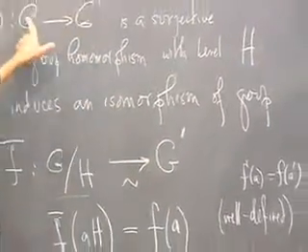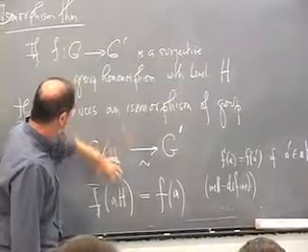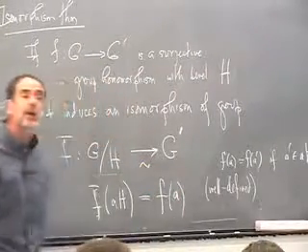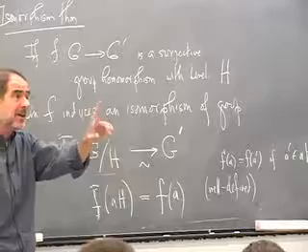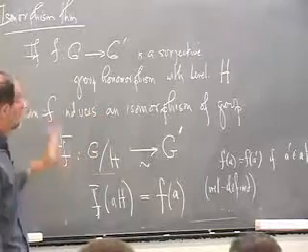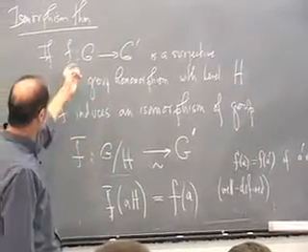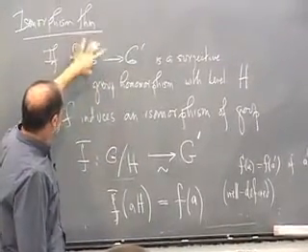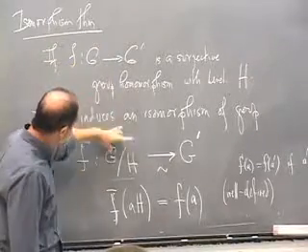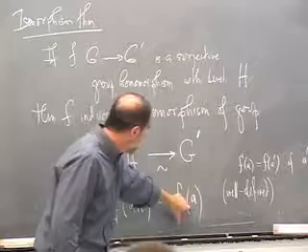It's surjective because the original thing was surjective. So if you wanted to hit something in G prime, you'd find an A in G that mapped to it, because this is assumed surjective, and you take the image of that coset, and you hit your element in G prime. And it has a trivial kernel, because the original kernel was the subgroup H, but H has been collapsed down to the identity in this group.